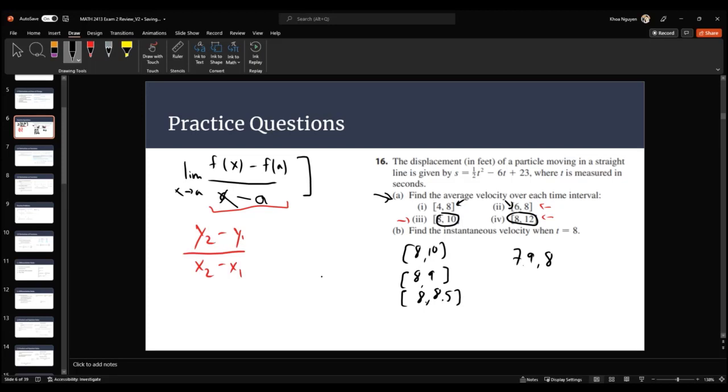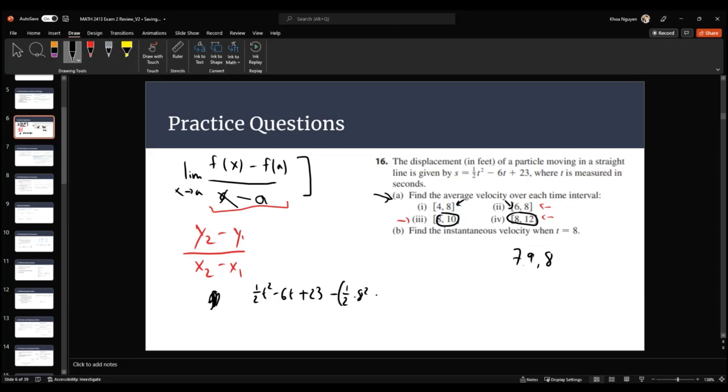And so to actually do the instantaneous velocity, you do a limit where it actually gets infinitely narrow. You would plug in like f of t instead of f of x, and so you would have 1/2 t squared minus 6t plus 23. And then remember, a is 8, so we subtract 1/2 times 8 squared.